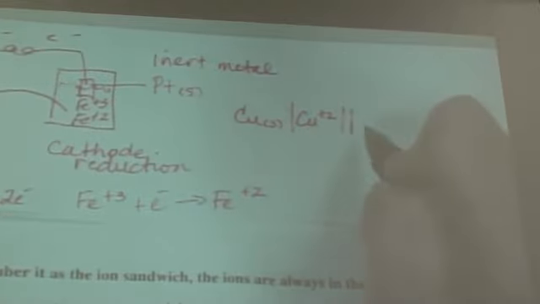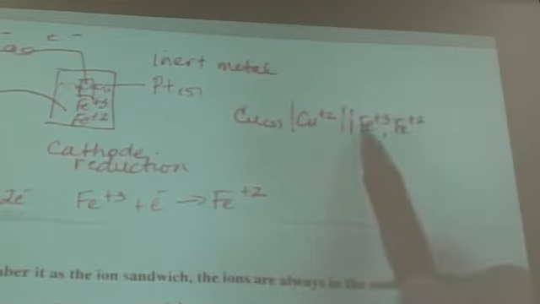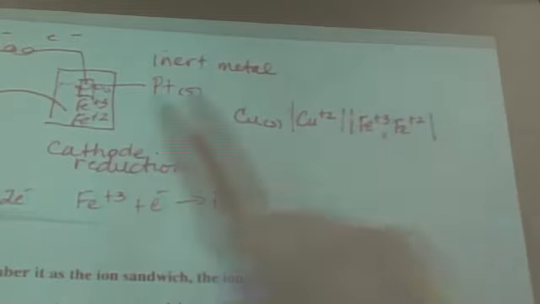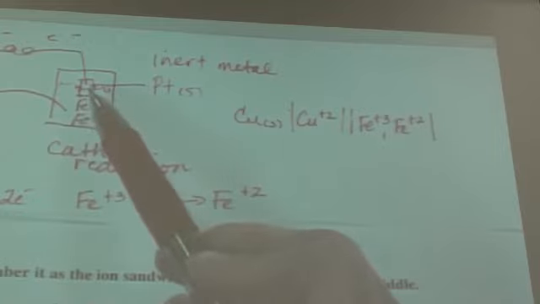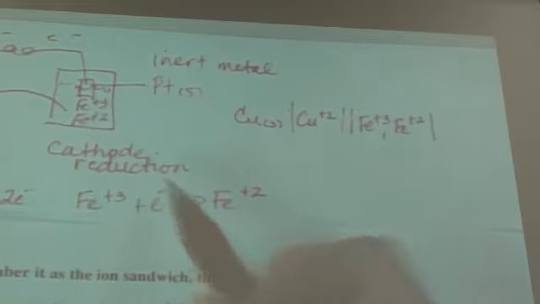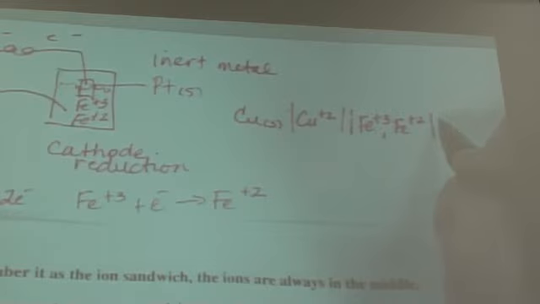And then we need to talk about the ions that are in the solution at the cathode. There are 2, and I'm going to put them in the order in which they are worked: here's the reactant, here's the product. And then I want to denote that it is in a solution that is bathing the electrode that we decided was platinum.